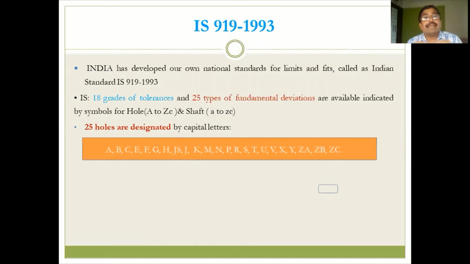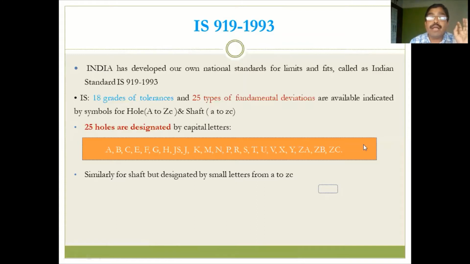What are they? They are indicated by capital letters: A, B, C, D, E, F, G, H, J, JS, K, M, up to ZA, ZB, ZC. So the total number of fundamental deviations for the hole will be 25. And for the shaft also, there are again A to ZC, but they are all designated by small letters, as you can see here.